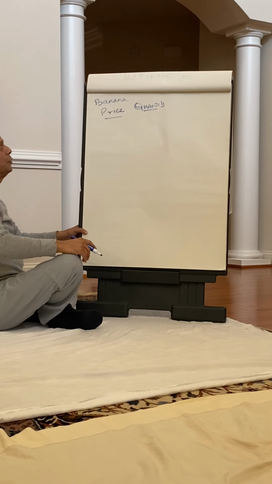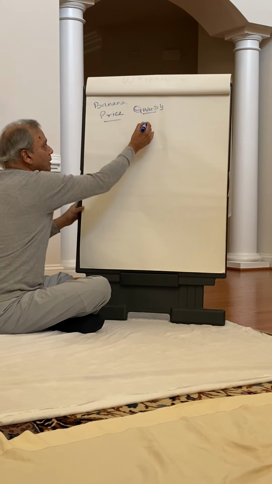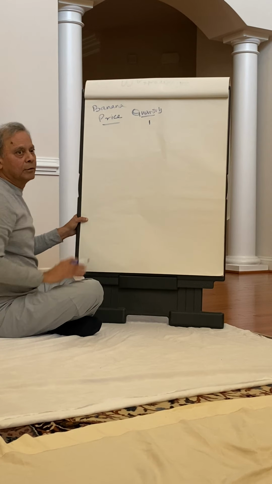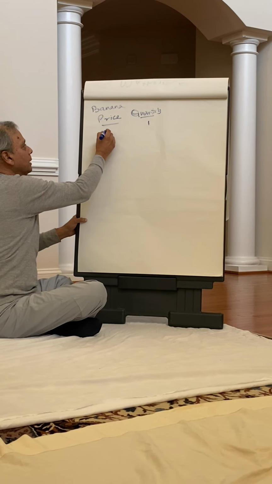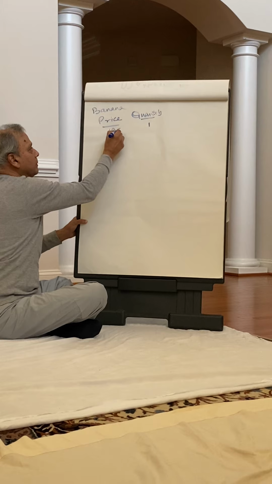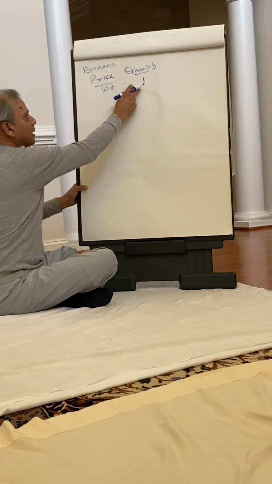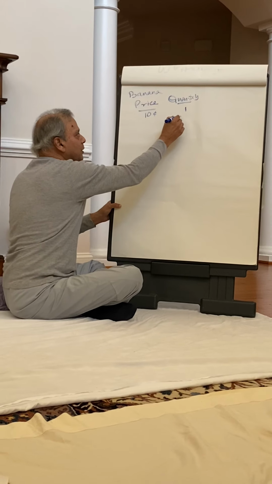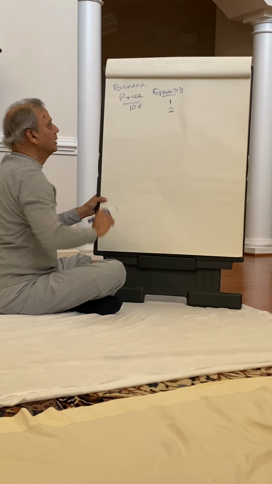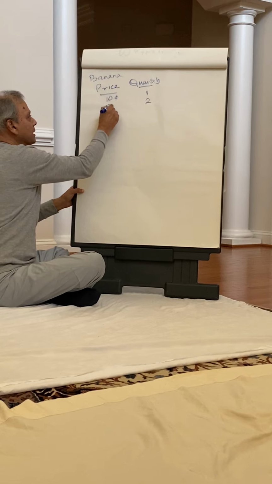So, to buy one banana, you pay 10 cents. Yeah. One banana you buy for 10 cents. Therefore, for 2 bananas, you have to pay 20 cents.